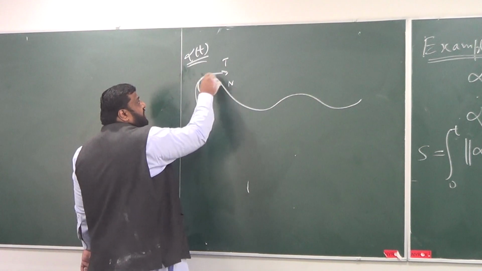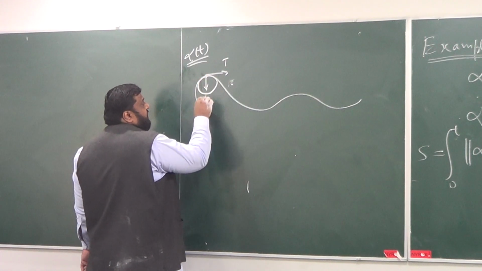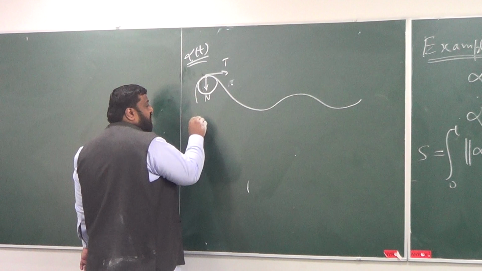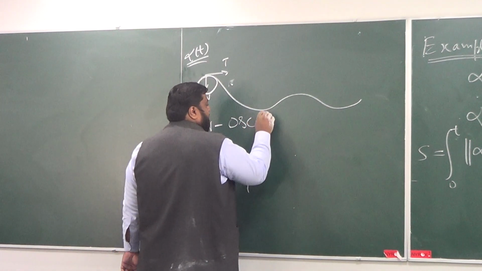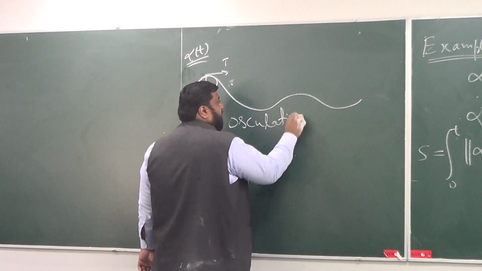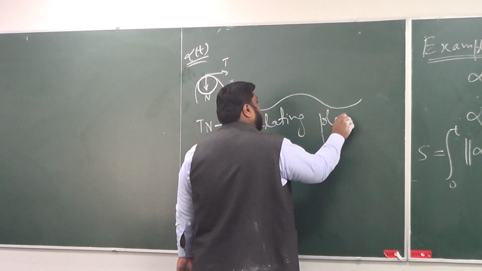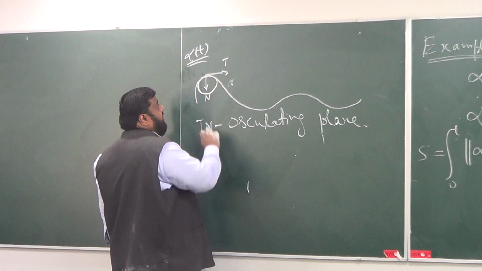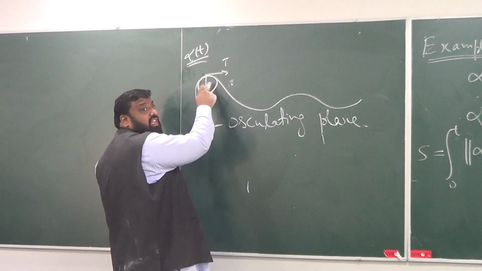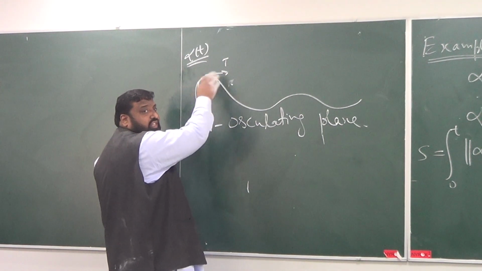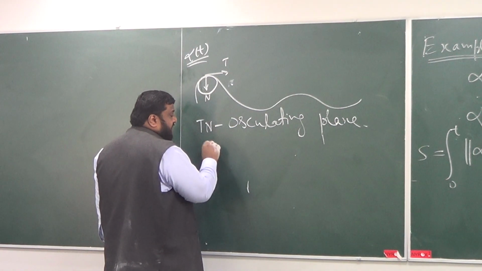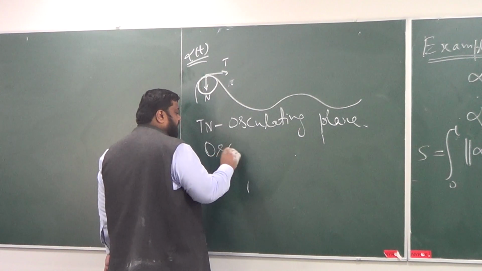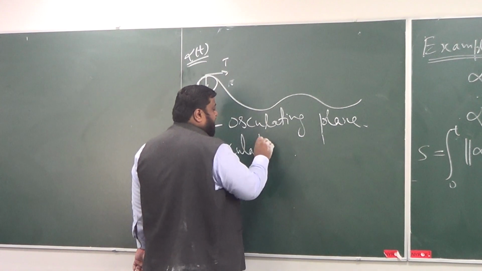This Tn plane is called the osculating plane. And the circle that lies in this osculating plane, you call the osculating circle.